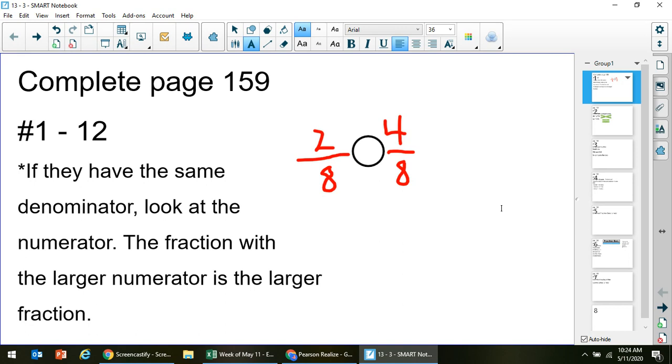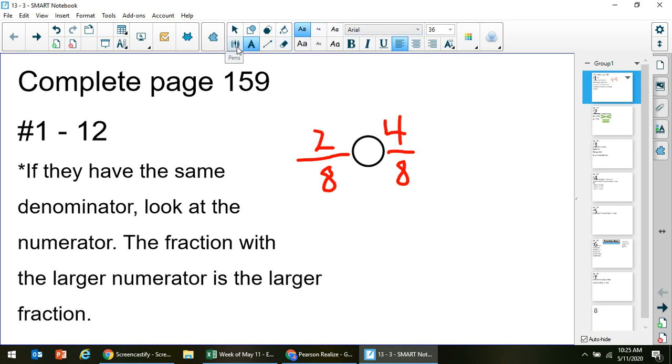So now you need to complete page 159, 1 through 12. If you notice, 1 through 4 has those nice fraction strips to help you. 5 through 12 does not. So just remember, if they have the same denominator down, the number that it's split into, then look at the numerator. The fraction with the larger numerator is the larger fraction, and then you can write your signs, greater than, less than, or equal to.